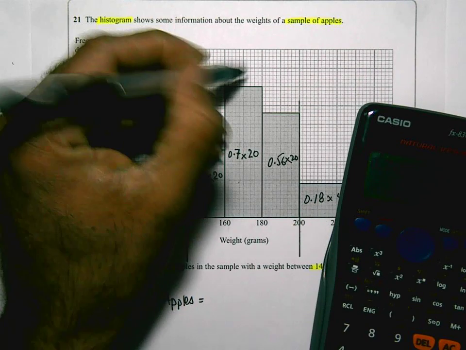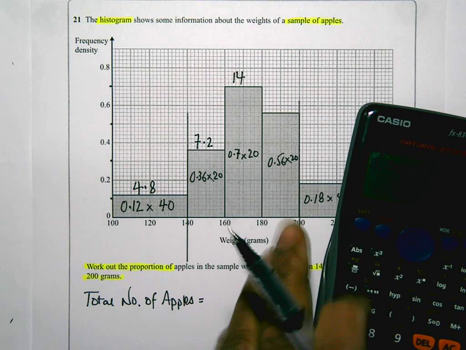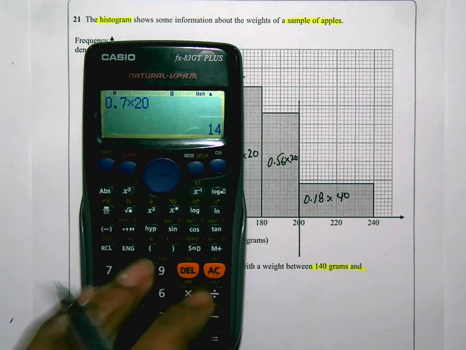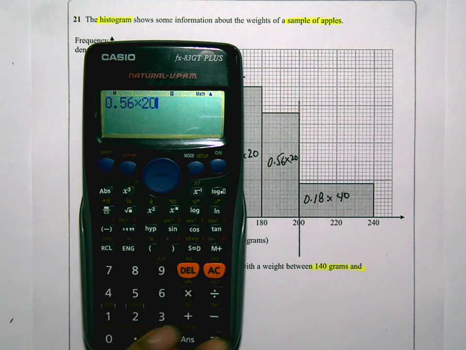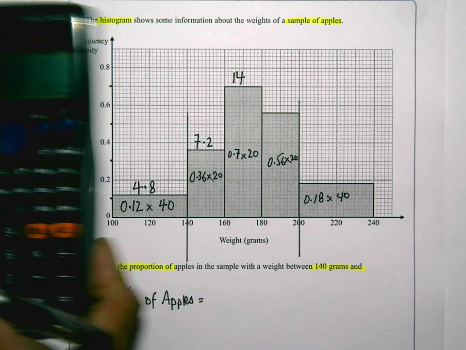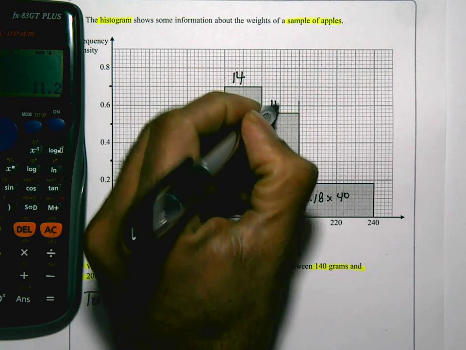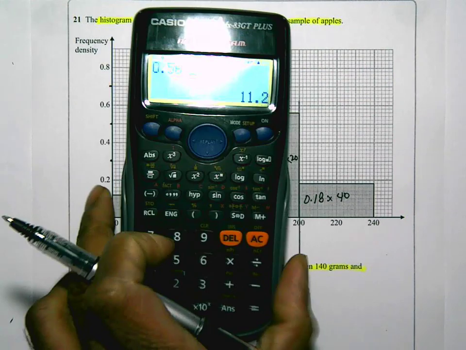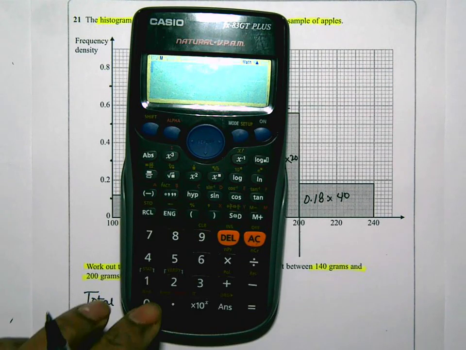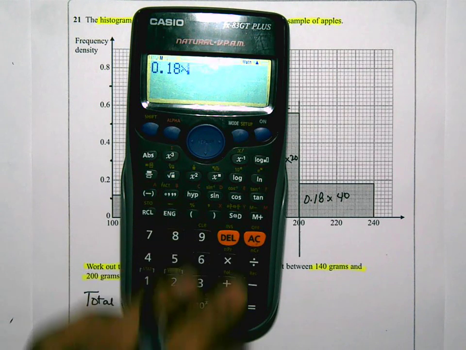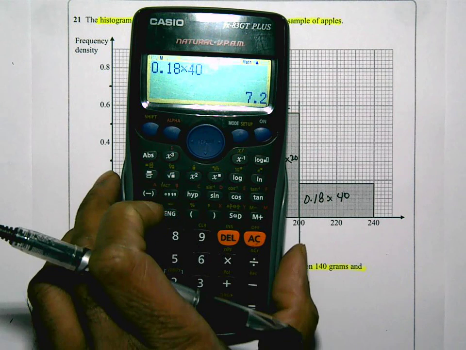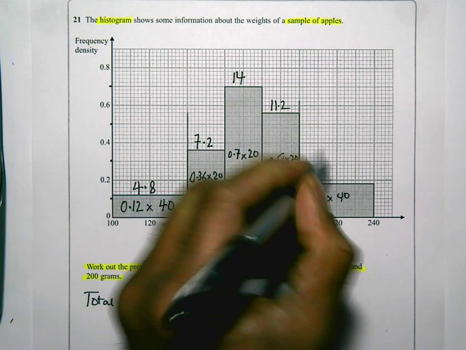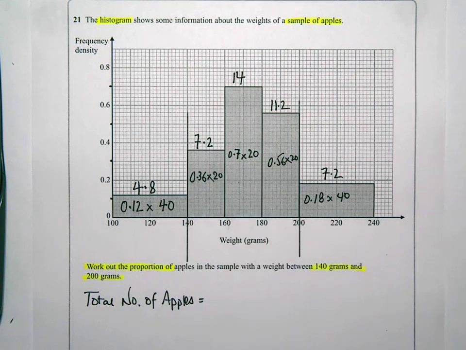The next section, 0.56 times 20, 11.2. And the final block is 0.18 times 40. That's 7.2. So each of those numbers there are the weights of apples that the bars underneath them represent.